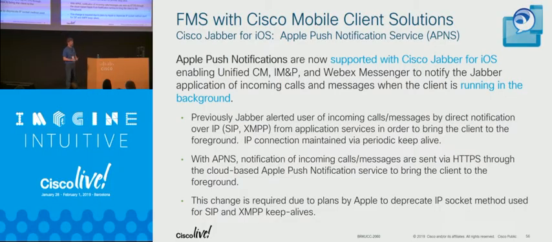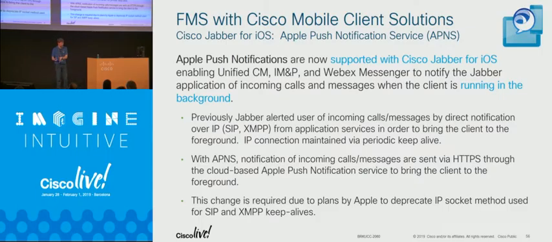And so as a result of that, we had to implement that within our Jabber clients for iOS so that they could take advantage of that. Now, just so everybody's clear, they've been threatening to do that at Apple for 3 years now. It was supposed to be iOS 11, then iOS 12. Well, we're at iOS 12.3, I think, right now, and we still have IP socket capabilities in there, and Apple push notification still hasn't been forced as a requirement.